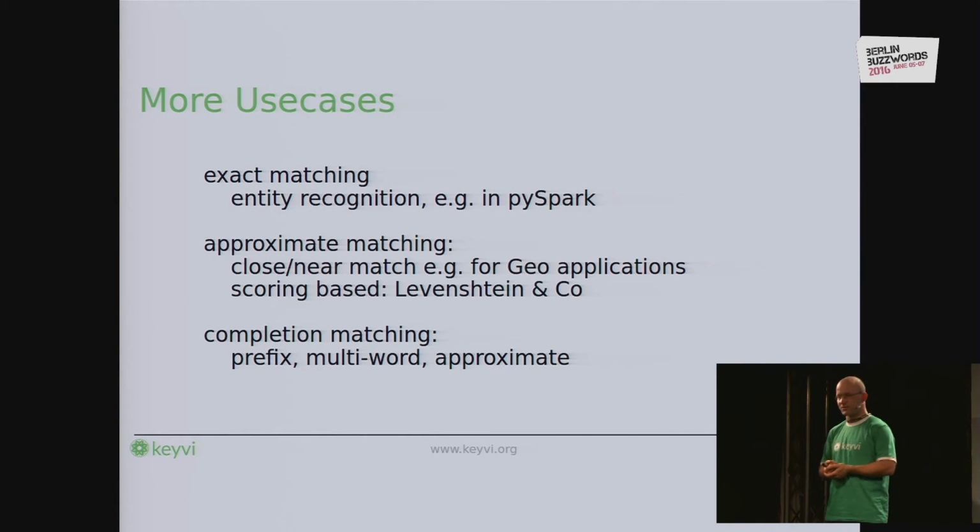We are using it also in Spark. The other part is all these approximate or completion type of matching things. You can also use it for geo applications, because in the end, the geo lookup is just an approximate match. You are here, you want to know where the next drugstore is, so it's an approximate match in the end.